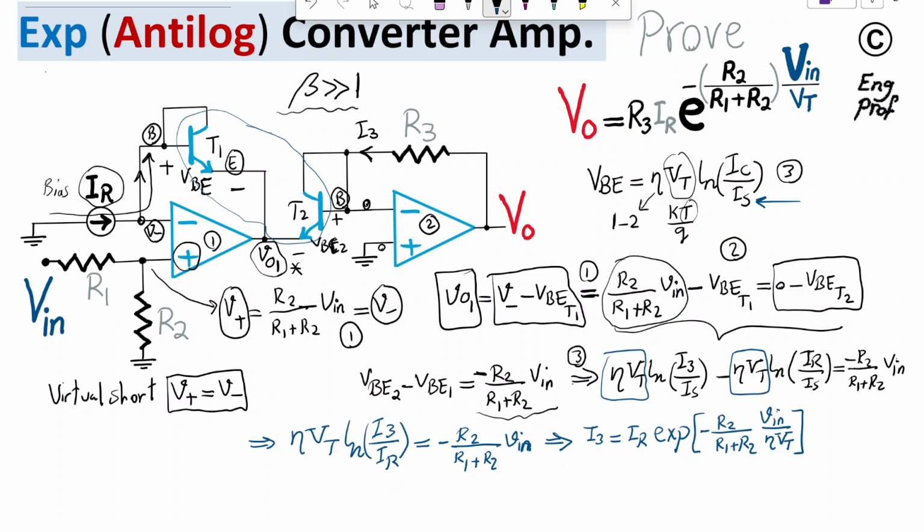Okay, so the last action I need to do, so this is equation, say, 4, and the last action I need to do to complete the problem is find the I3. If you look at I3 in the circuit, if I change the color so that you can see what I'm talking about, I3 is the current going through the resistor R3, and you can see that because of virtual short, we have virtual ground on negative terminal, which means this side of resistor, or the left hand side of resistor R3, is 0 volt, and the right hand side, of course, is V out.